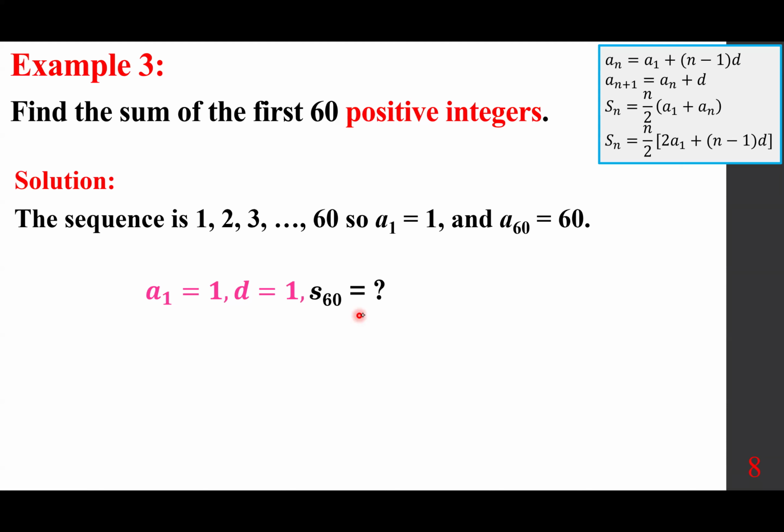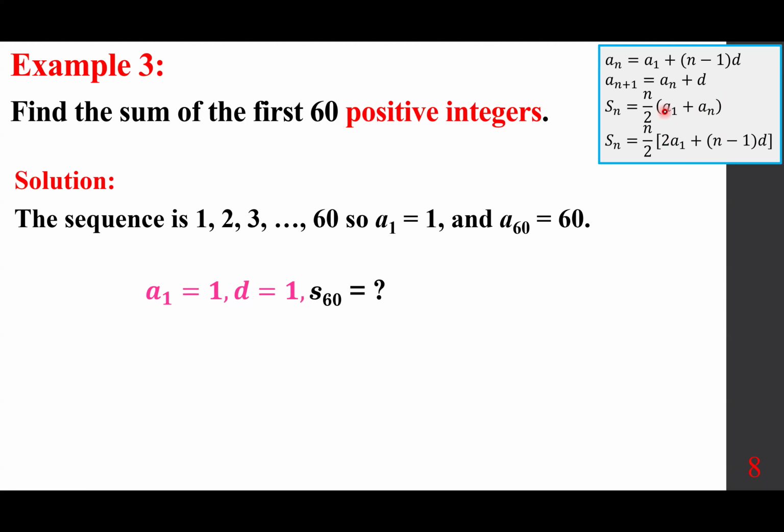So you can use either this formula or this formula. If you have the first and the last term, the first term is 1, the last term is 60, it's given, it's easier to use that one. Otherwise, if you don't have the last term, just use the first term as follows.